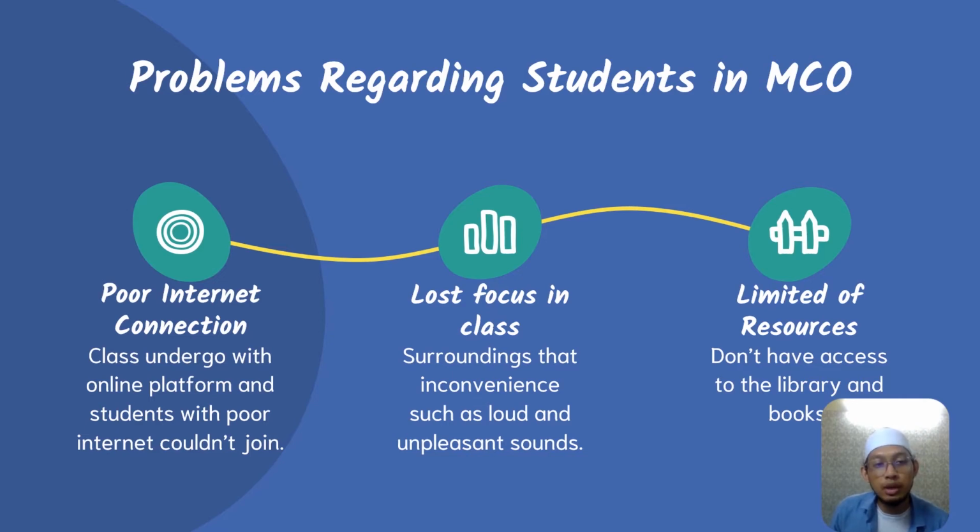So I have listed down the first step of assumption reversal. That is, you have to list down all the assumptions on the problem regarding the student. Firstly, poor internet connection. The student cannot engage with the online platform because of the poor, unstable internet connection. Secondly, the student loses focus in class.